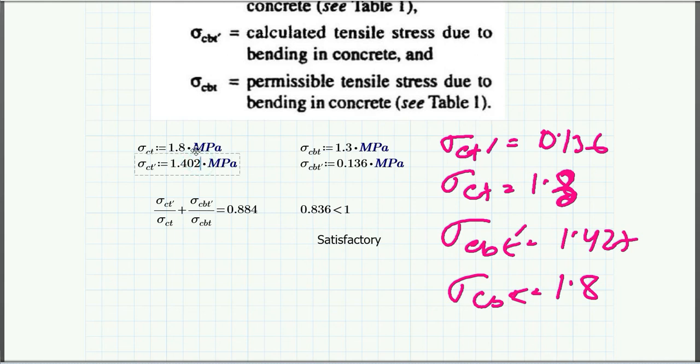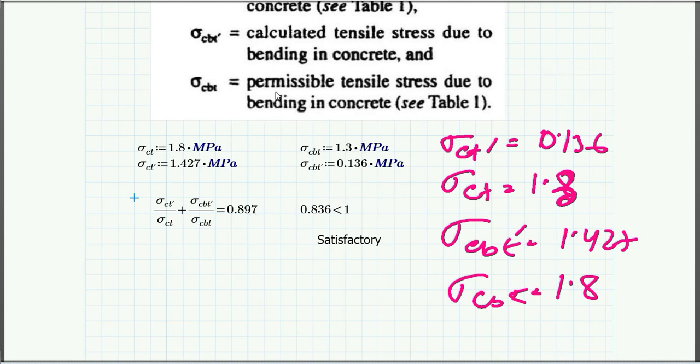If you compute this, the ratio is 0.897, which is less than 1, which is quite satisfactory.